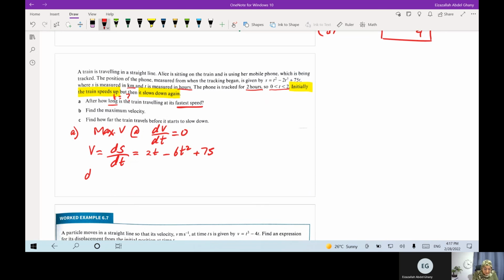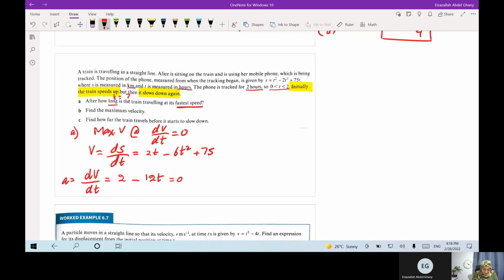This is v. But still, we need to differentiate again, dv by dt, which is the acceleration. dv by dt, 2t will be 2, minus 12t. That's it. This is dv by dt: 2 minus 12t.